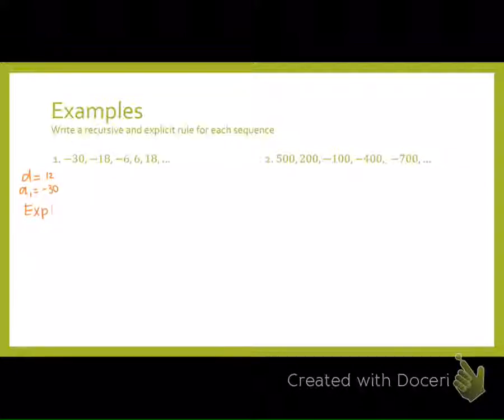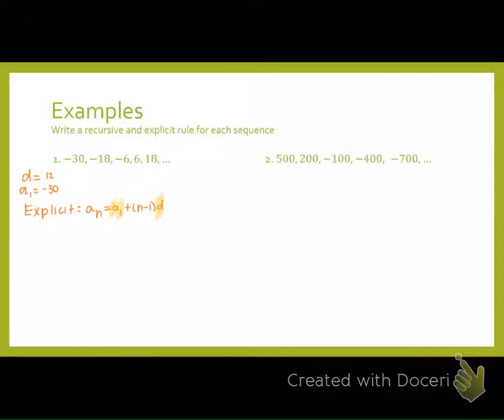We know that the explicit is a sub n equals a sub 1 plus n minus 1 times d. Again, this will be given to you on your test. You just have to replace those pieces. So if you're just replacing those pieces with our first term and our common difference, who thinks they could tell me what that formula would look like before we distribute?